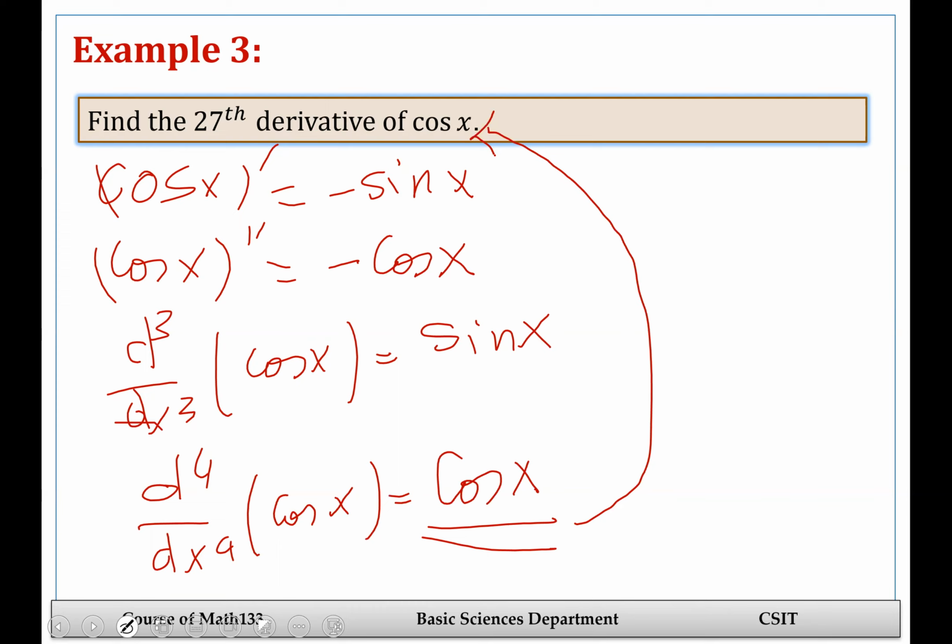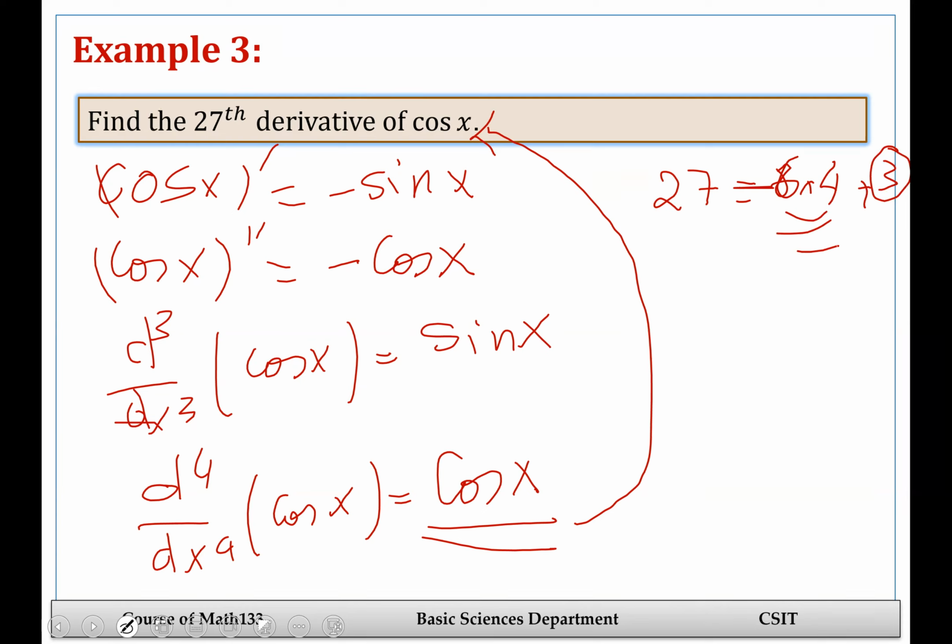Okay, so since 27 can be written like, we said it's 4, so 6 times 4, that's 24 plus 3. So it's like you do the third derivative. All these derivatives do not count because it will be returning to the cosine.